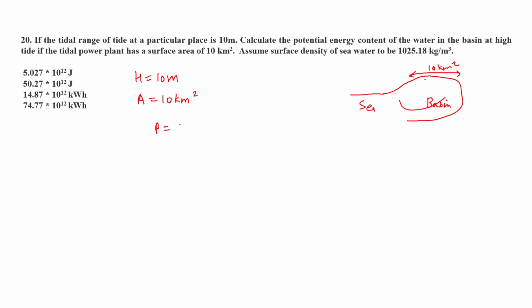So potential energy will be mgh. Let us first calculate the mass. The density of seawater is given. Mass is volume into density, and volume is area into height, the volume of this basin. So it is area into height into rho into g into h by 2. Here h by 2, I have told earlier why: because we have to take the average.